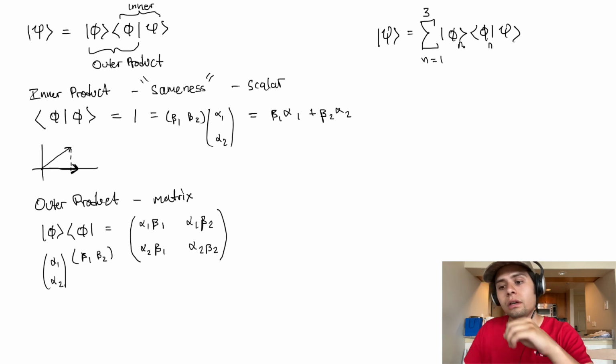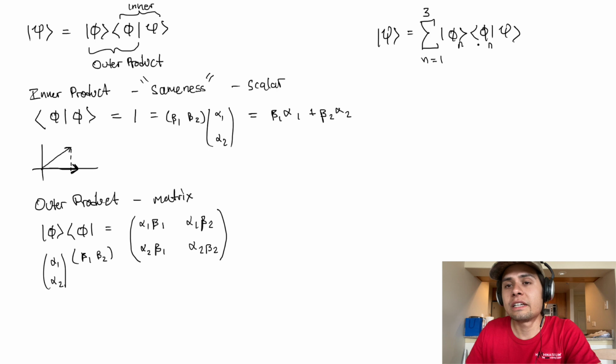For each of those vectors, for each state, there's its corresponding bra state, or bra vector. We're basically creating a matrix out of two completely different vectors to write this vector in terms of those vectors.